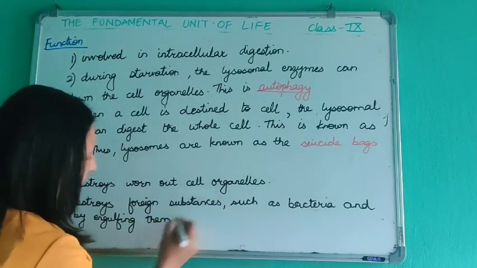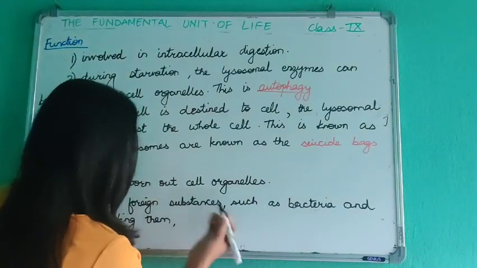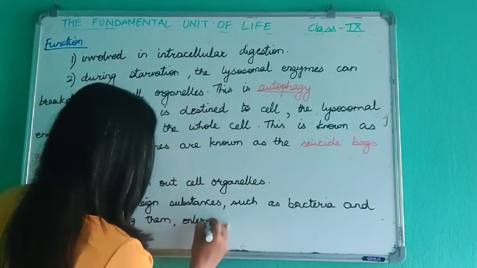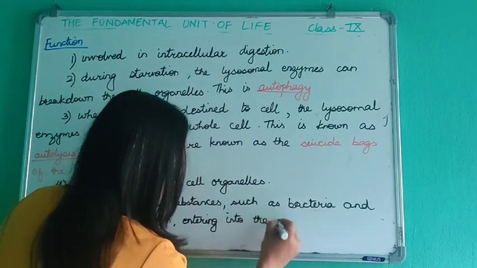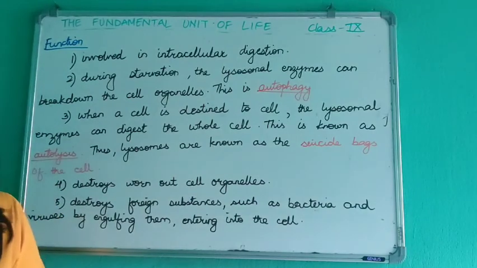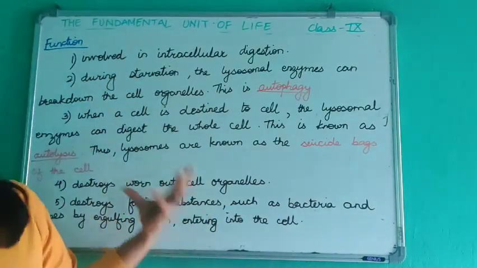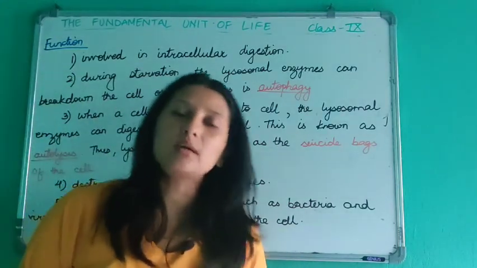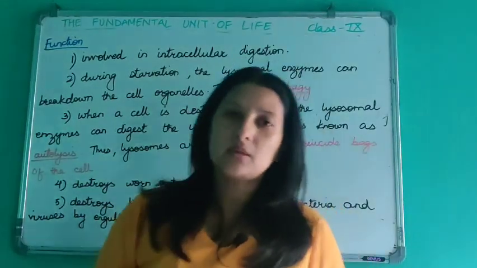So they destroy the foreign substances such as bacteria and viruses by engulfing them, entering into the cell. The foreign substances that are entering into the cell can cause diseases that can harm the cell. So before it can harm the cell, the lysosomes engulfs those foreign substances and protects the cell from those foreign substances.